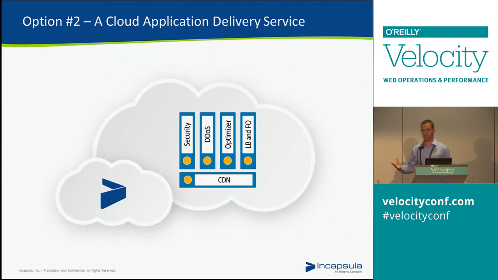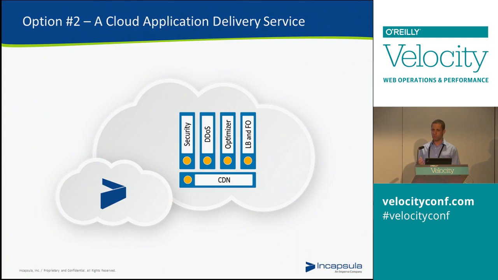There are other services that do this, but A, I happen to know the Capsular service a little better than other services, and B, I think that Capsular is one of the service providers that was amongst the few that actually captured the value of the cloud for application delivery.